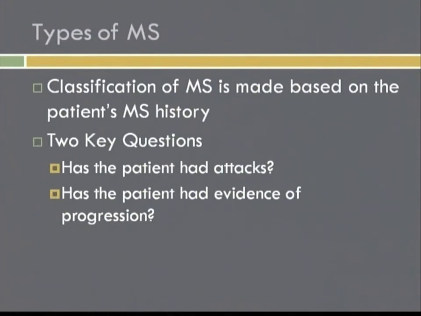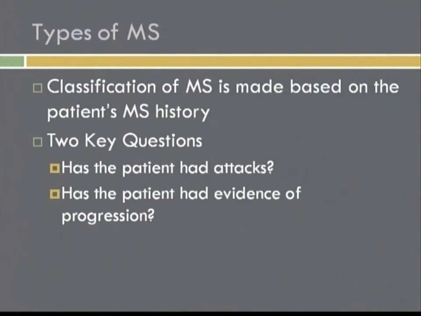So the difference between symptoms that come over the course of days and weeks and typically will resolve, and then progression where they come gradually over months and years. And it's the combination of when and where these attacks and progression have occurred that make patients fit into one category or another.